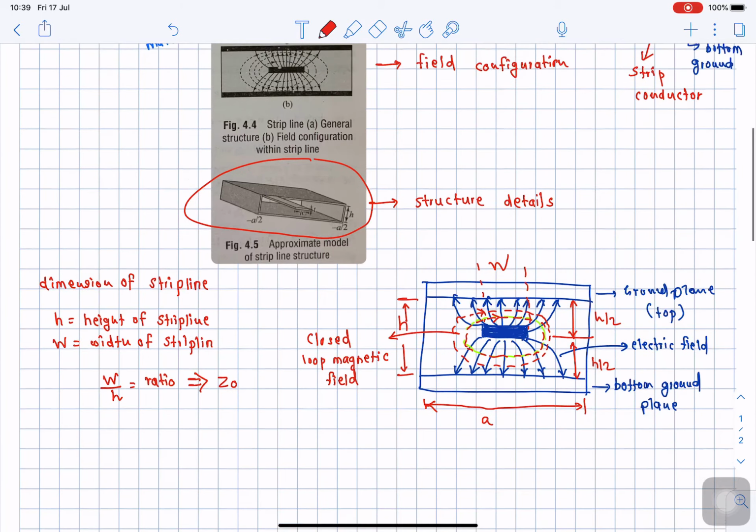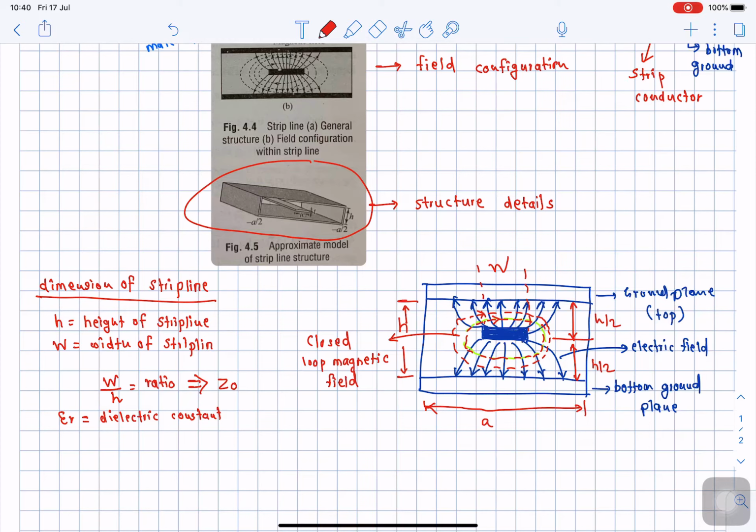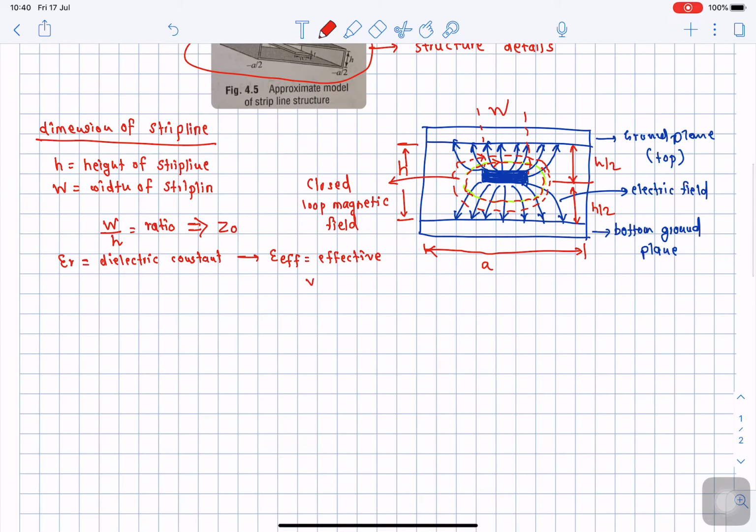Actually this dielectric constant will not remain plain epsilon r. Because of the fringing effect, the dielectric constant is going to get reduced. So when it gets reduced, we get the effective dielectric constant, and we denote it as epsilon effective. So this is an effective value of dielectric constant.